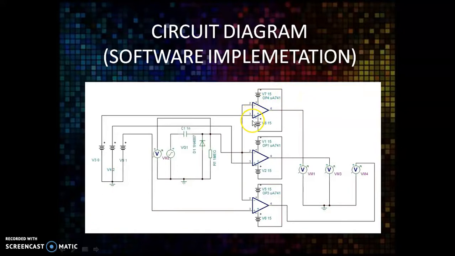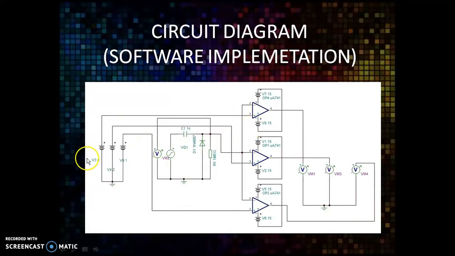And if the positive voltage is lesser than the negative voltage, we get an output of minus 15 volts. One signal, given to the inverting or negative terminal, is the sinusoidal signal, while we are giving a DC supply to the positive terminal of the op amp.